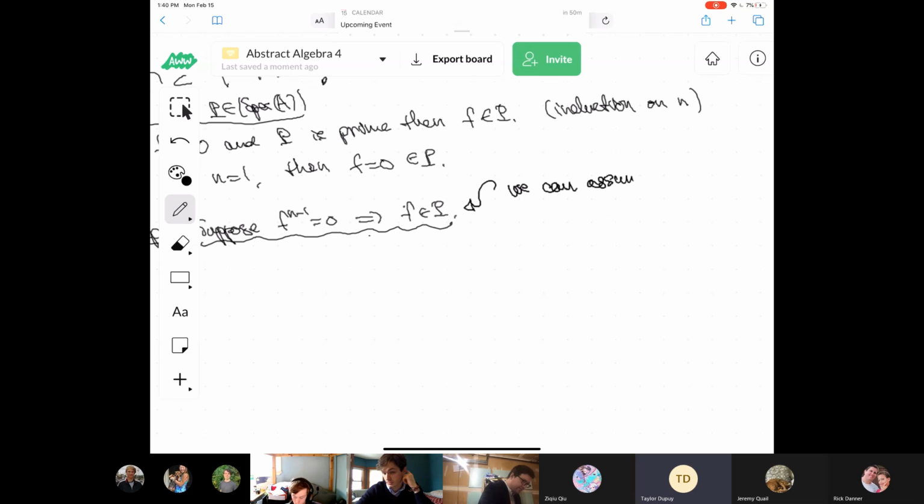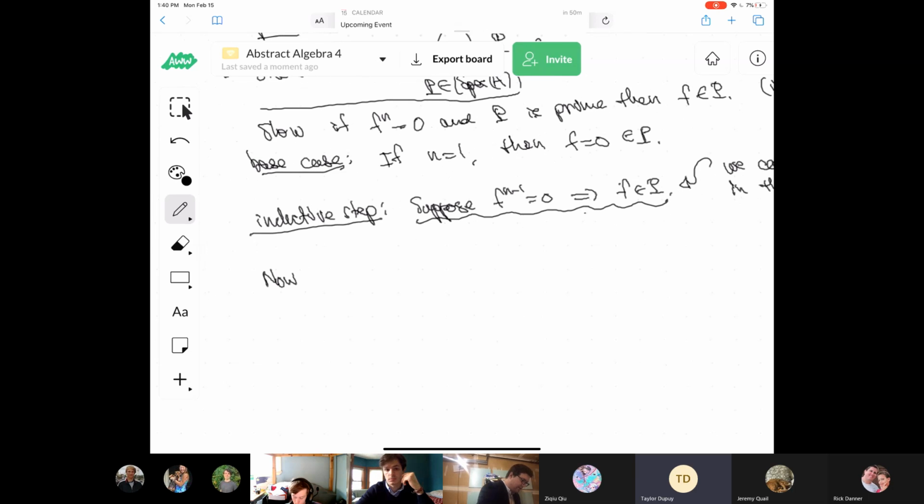Assume this in our proof. Now if f to the n is in p, then we have the following: f to the n minus 1 times f is in p.